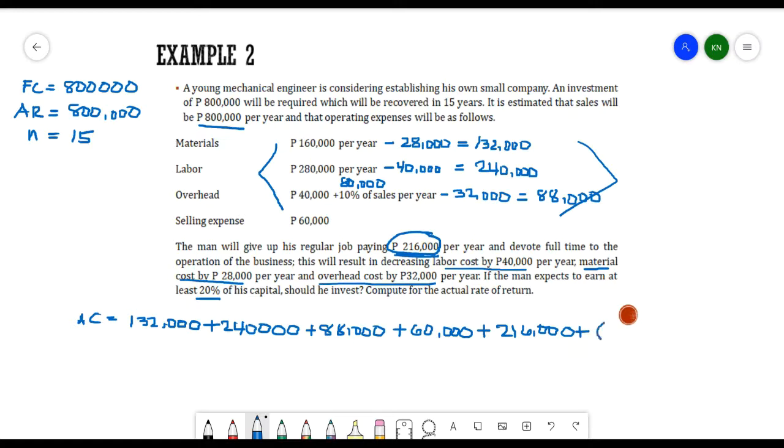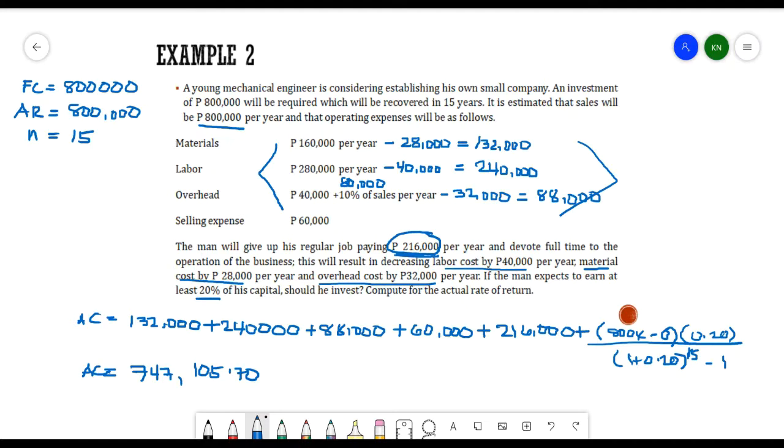So FC is 800k minus our SB, which is not stated, so that's 0, times the interest, 0.20, divided by 1 plus 0.20 raised to n, which is 15, minus 1. So basically, if you calculate this one, this is now equivalent to 747,105.70 pesos. So this is now our AC.